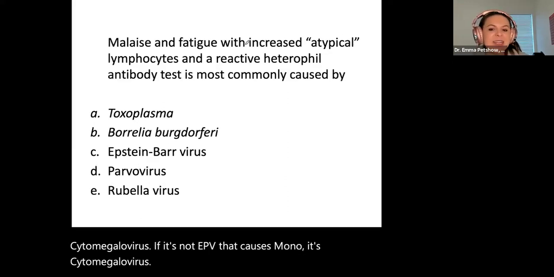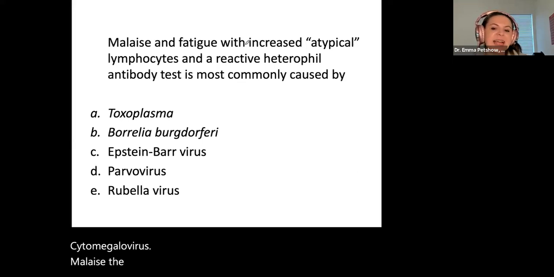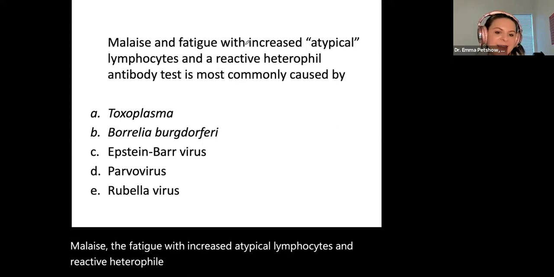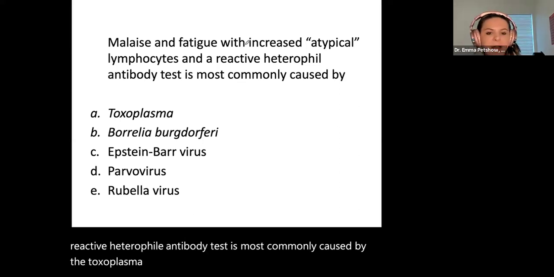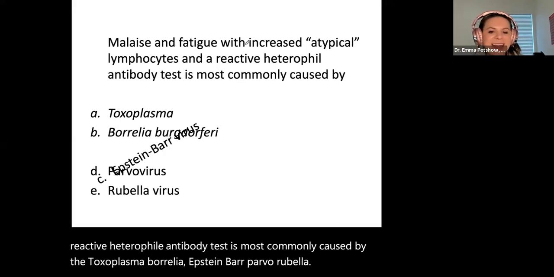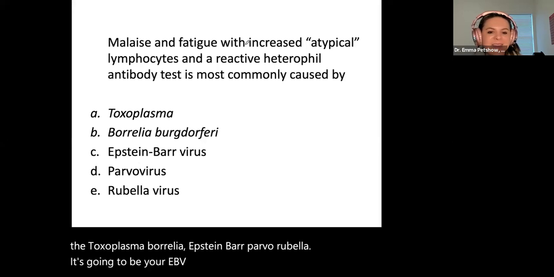Malaise and fatigue with increased atypical lymphocytes and a reactive heterophile antibody test is most commonly caused by toxoplasma, Borrelia, Epstein-Barr, parvo, rubella. It's going to be your EBV again, atypical lymphocytes, malaise and fatigue.